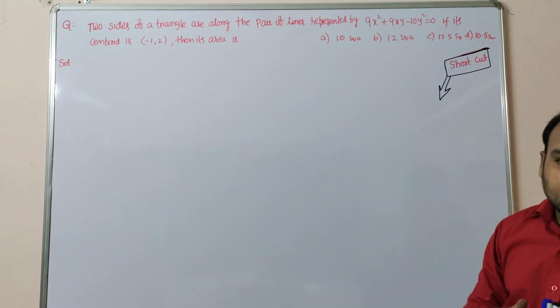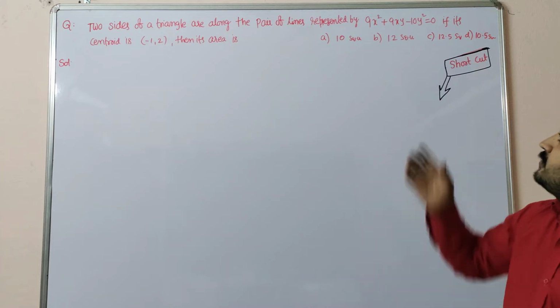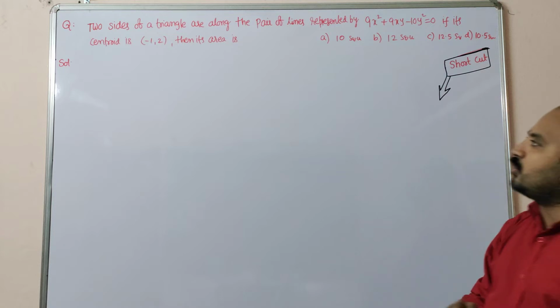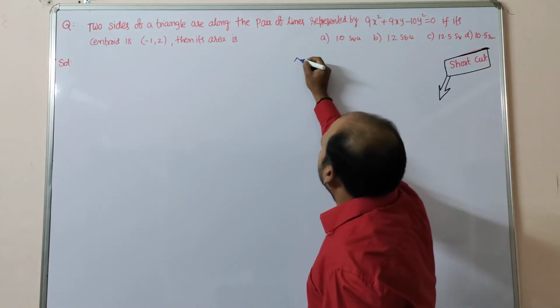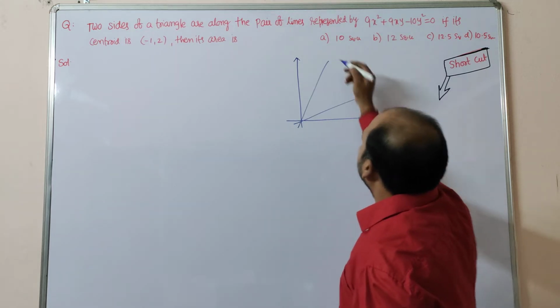So a pair of straight lines is given. A pair of straight lines is the combination of two lines. By observing, the pair of lines are passing through the origin. So two lines we have to draw. These are the pair of lines.